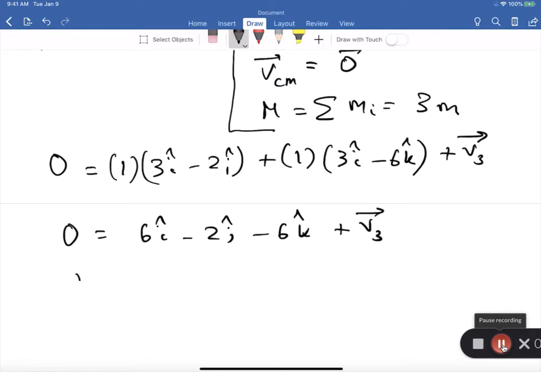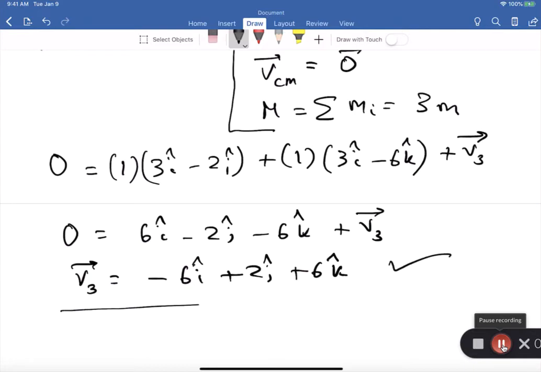And so V3 is just going to be minus 6i hat plus 2j hat plus 6k hat. And that's the answer. Right? So all that we did was just apply the formula that capital M times the velocity of the center of mass is equal to the total momentum of the system.